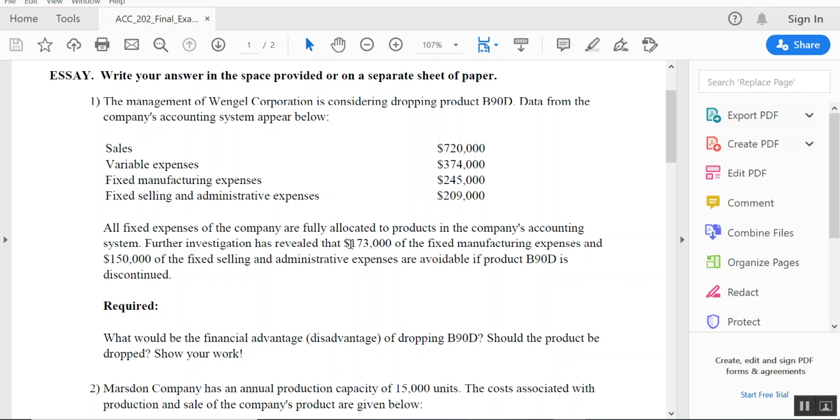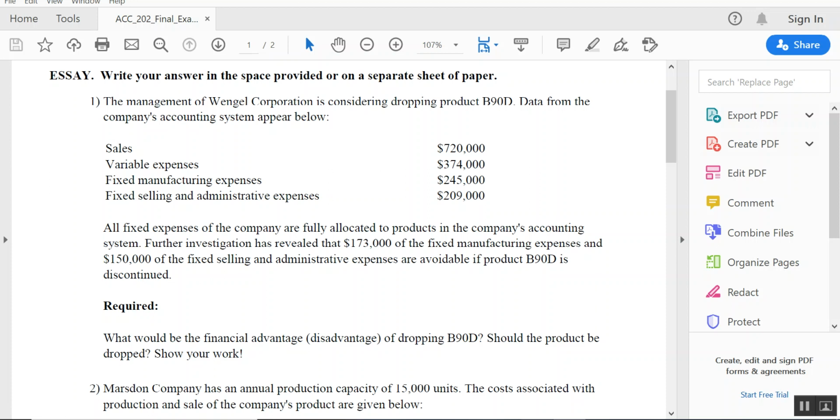All fixed expenses of the company are fully allocated to products in the company's accounting system. Further investigation revealed that 173,000 of the fixed manufacturing expenses and 150,000 of the fixed selling and admin expenses are avoidable if product B90D is discontinued. So what would be the financial advantage or disadvantage of dropping B90D?